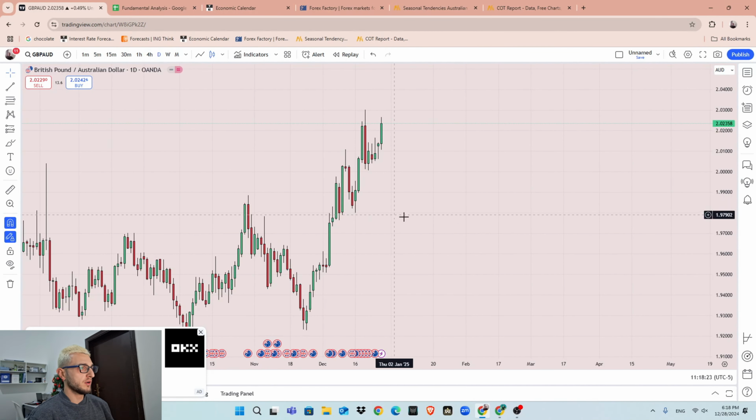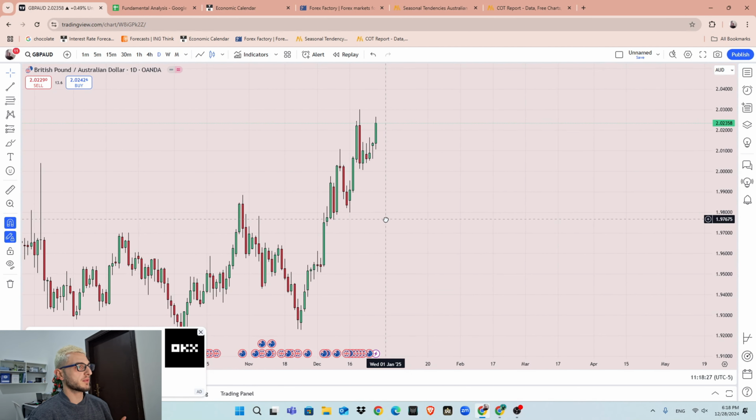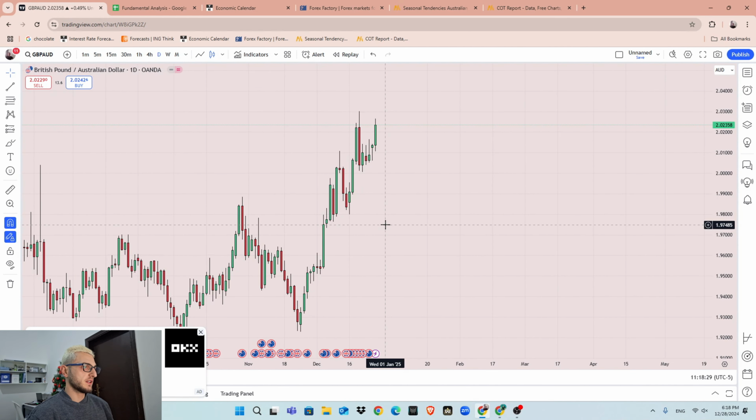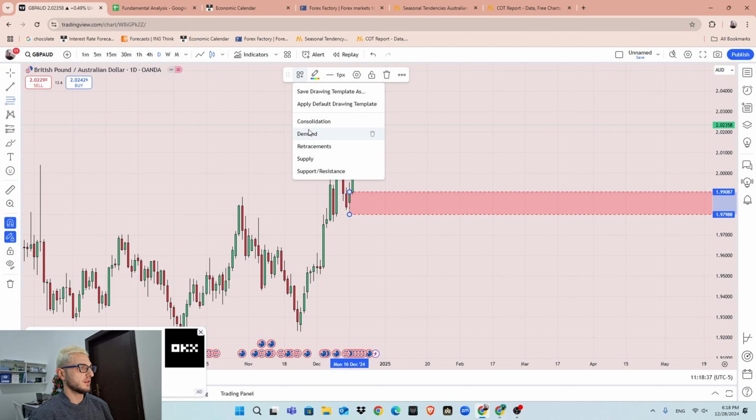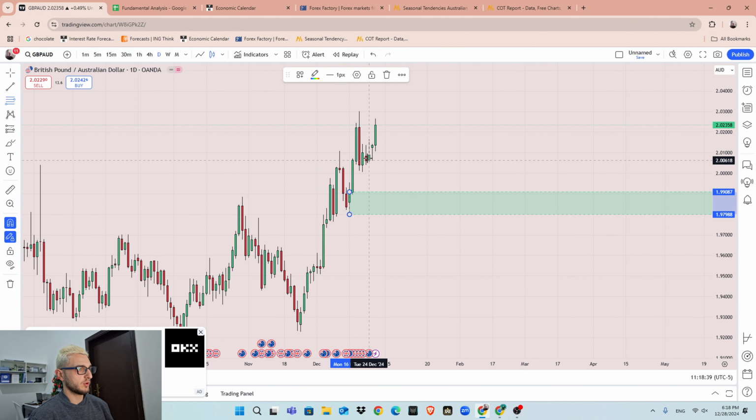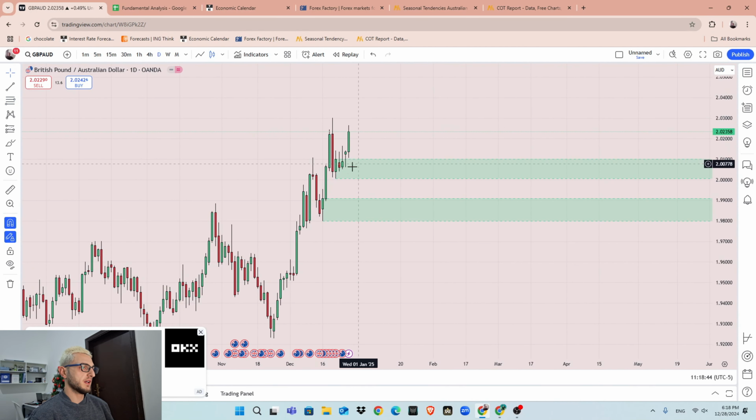So what we do, we see a supply or demand zone that price will likely retrace into it before continuing the push higher. We have a beautiful area right here, a demand zone. Also we have a demand zone at this area.